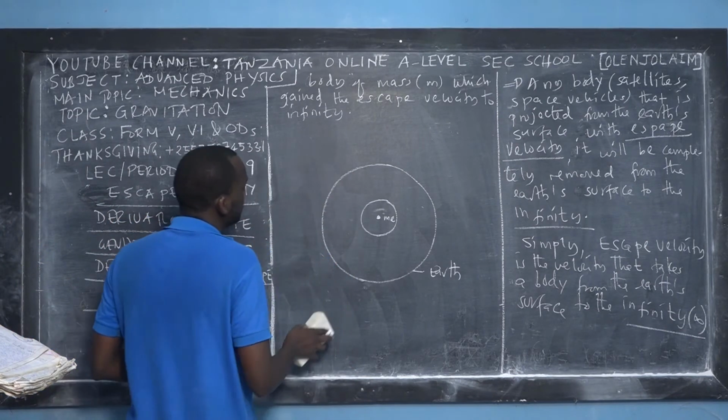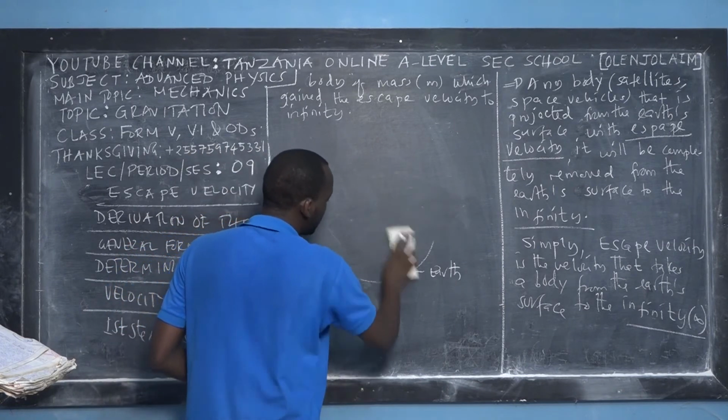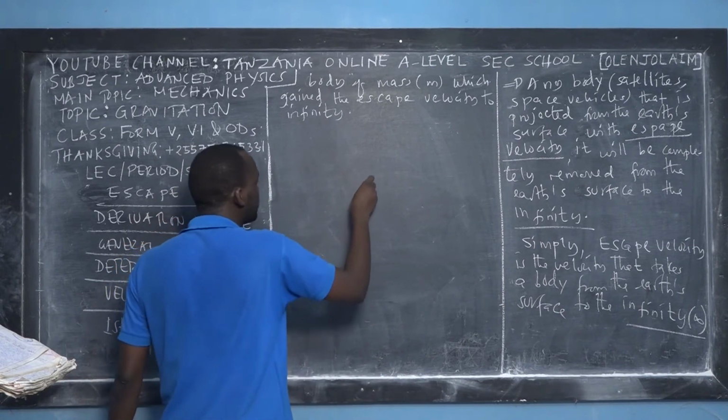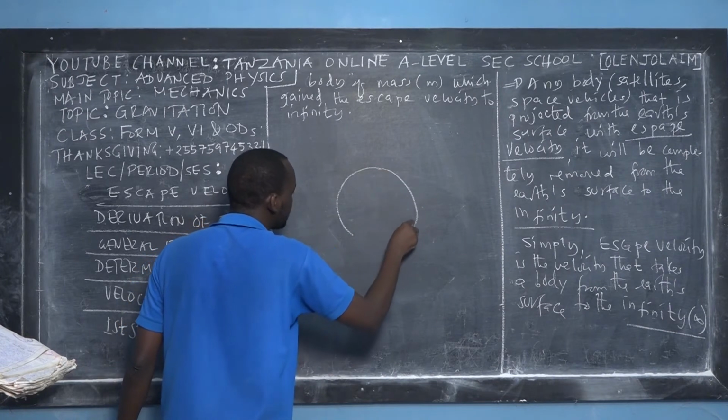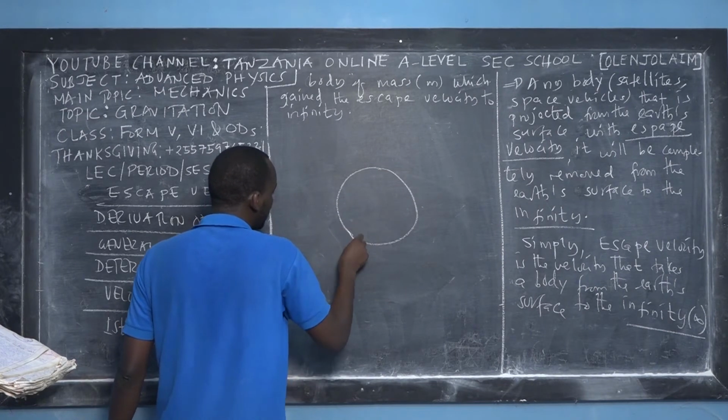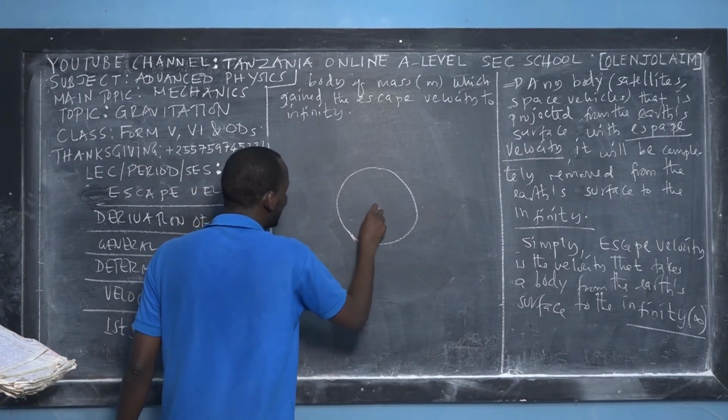Okay, let me draw it clearly. Suppose that this is the S surface, the entire S surface, which is circular. Then this is the center.